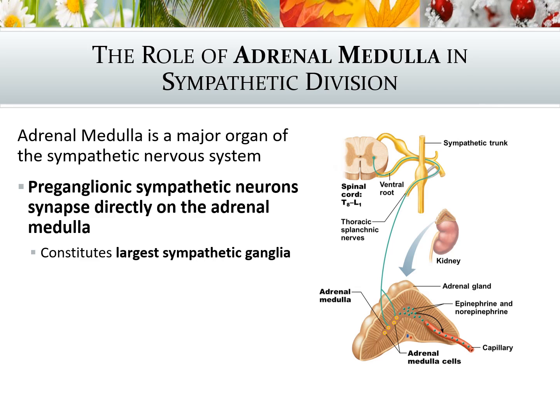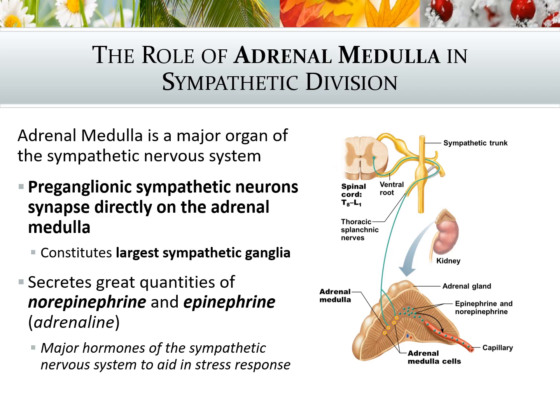So there is no postganglionic neuron when we're talking about the adrenal medulla. So it's actually the largest sympathetic ganglion if you think about it that way, right? Because that preganglionic neuron is synapsing directly on the adrenal medulla.